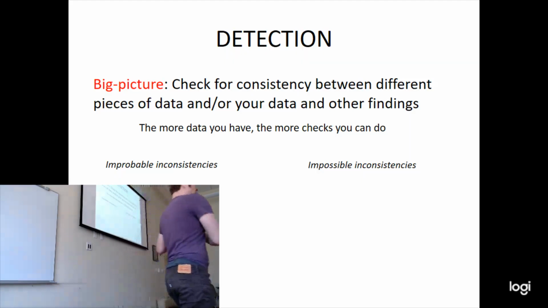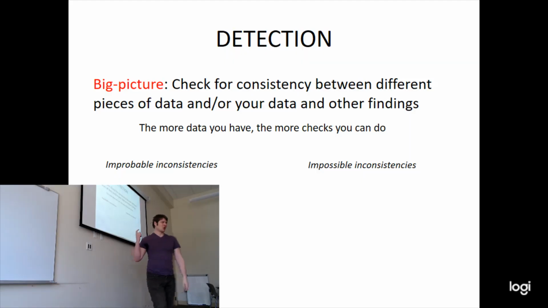In addition, you can think of the kinds of inconsistencies that you can generate as things that are just improbable. So you might know from past research that this correlation should be something, and it's not in your data. So what's going on? That might not necessarily indicate error, but it might indicate reasons to take a closer look. There's another type, though, where something has to be wrong here.